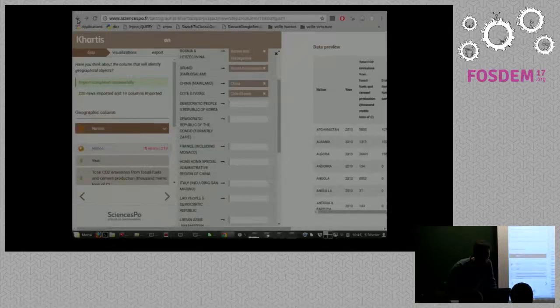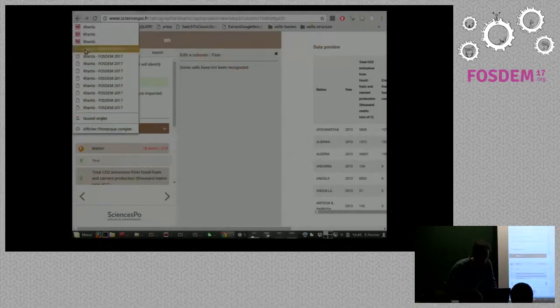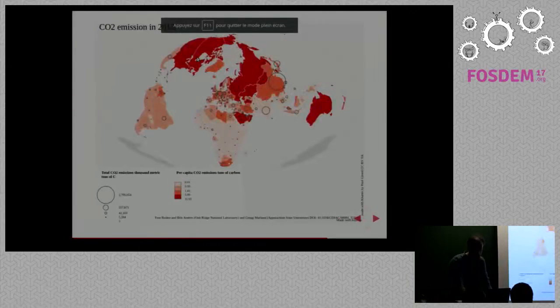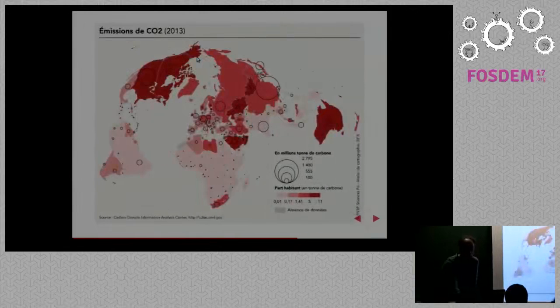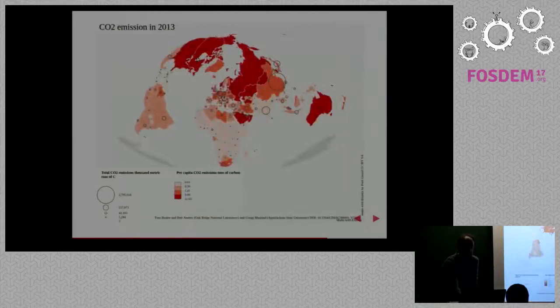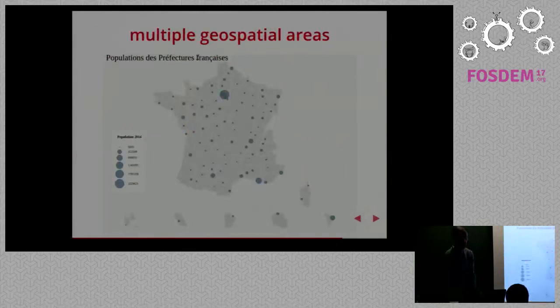Okay, sorry about that. Here we are. So this is our result, and in a few minutes I tried to do the same thing that we had in Illustrator, with Khartis.